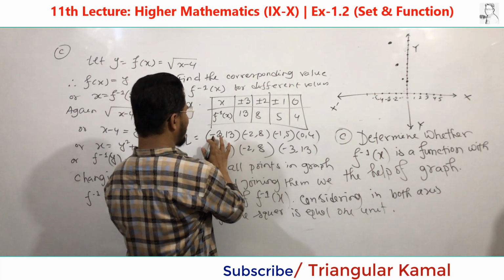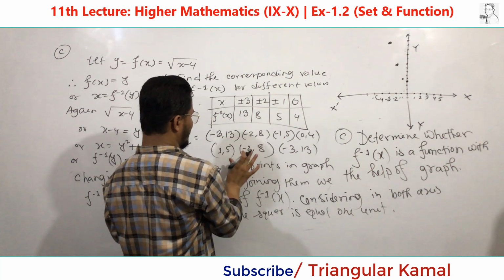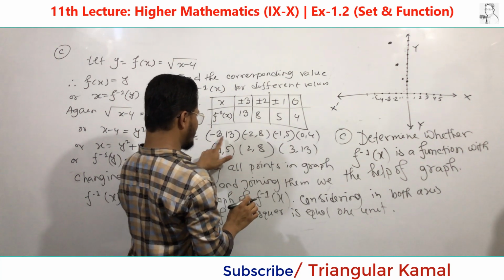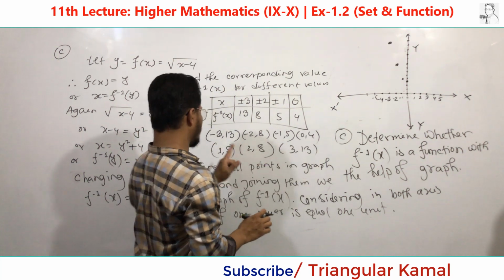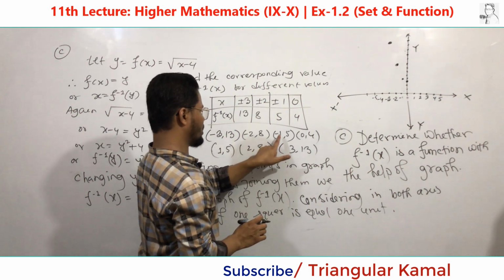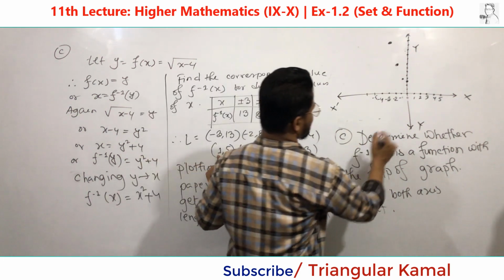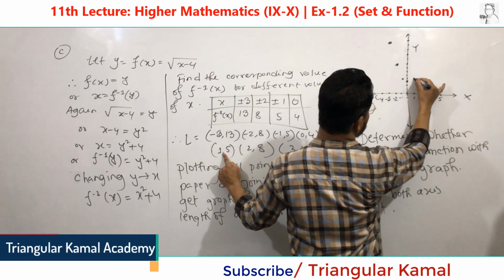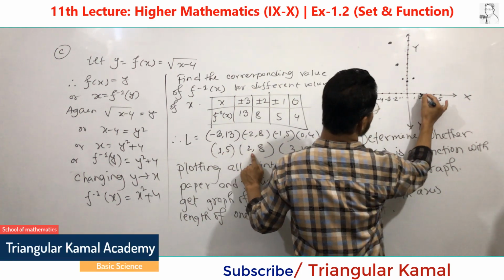Sorry, we applied the minus values already, so this one will be plus. Minus 3, 13, plus 3, 13. Minus 2, 8, plus 2, 8. Minus 1, 5, plus 1, 5. Then plus 2, 8.